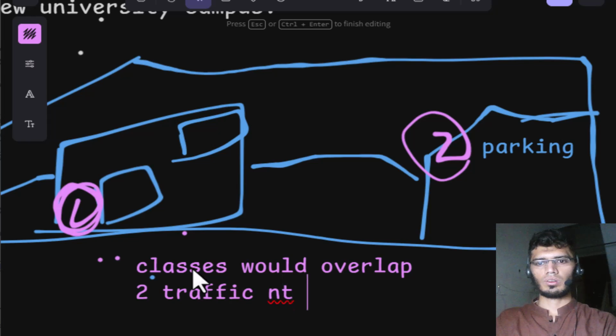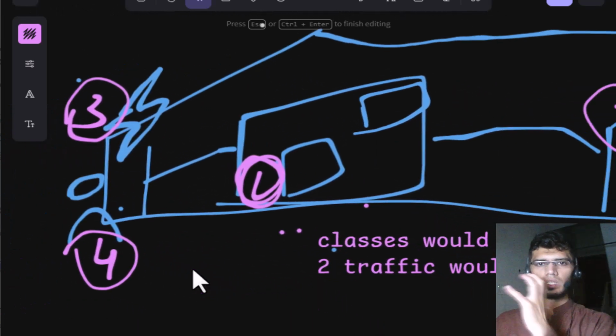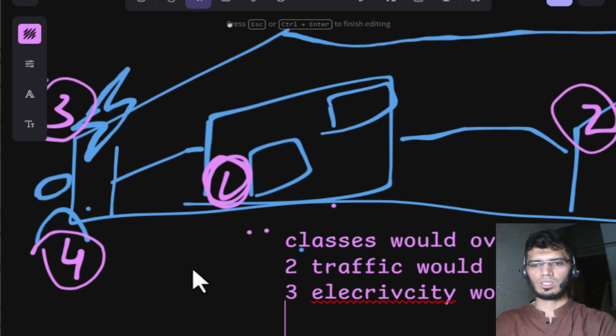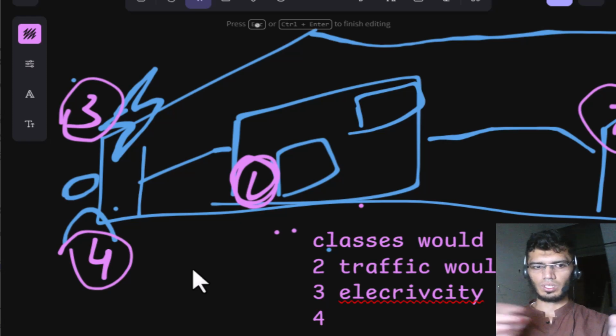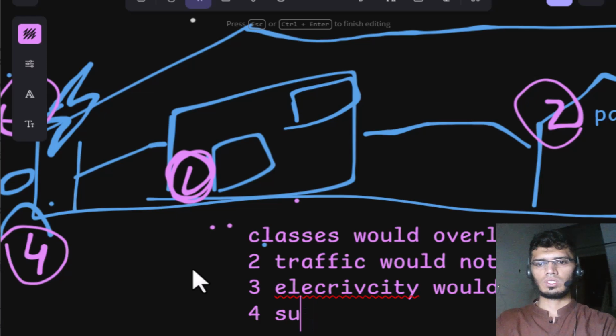Second of all, if you do not decide the electricity wiring, then electricity would fail in the future. Second of all, if you do not ensure security, then students would suffer.